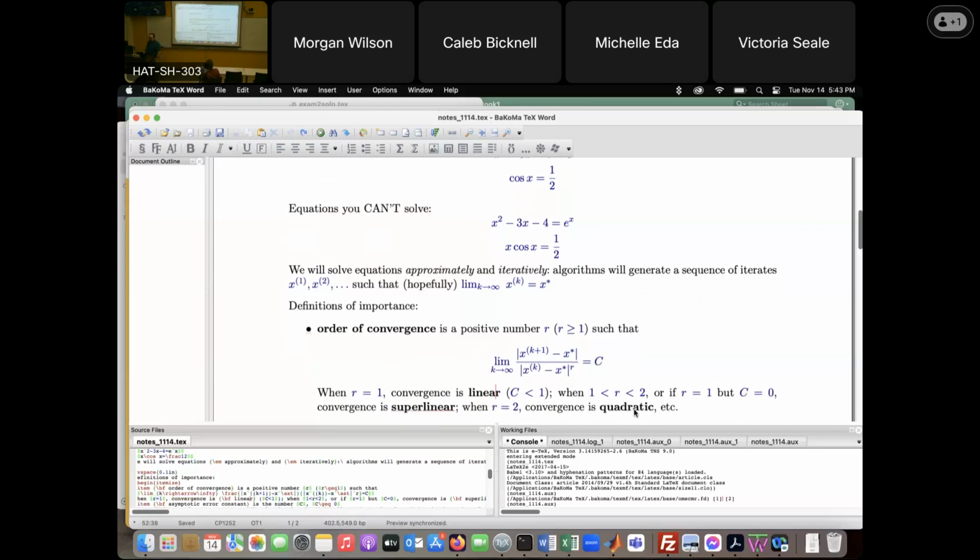We like quadratic. If the error is already small, and the error in the next iterate is proportional to the previous error squared, that's going to be much smaller still. So the larger r is, the more rapidly your iterative method will converge to its limit.